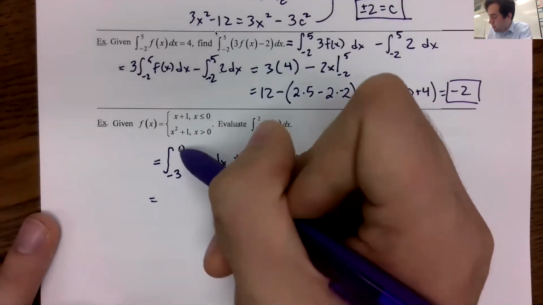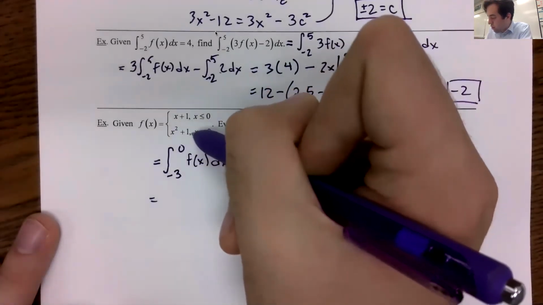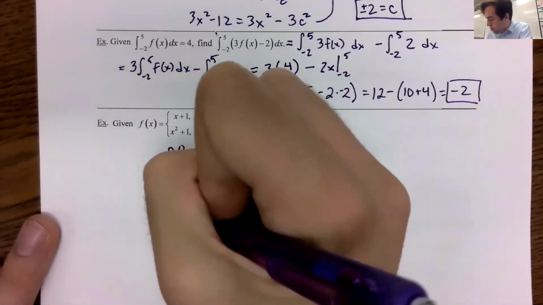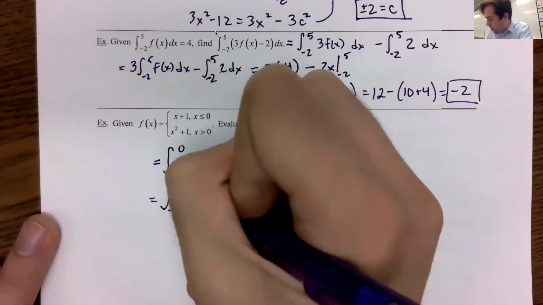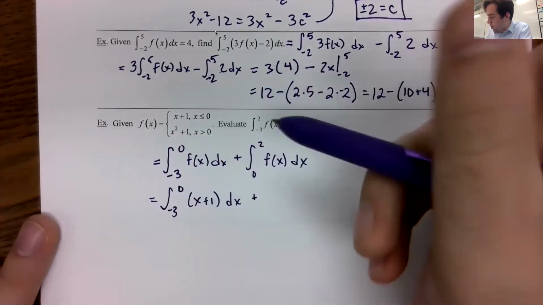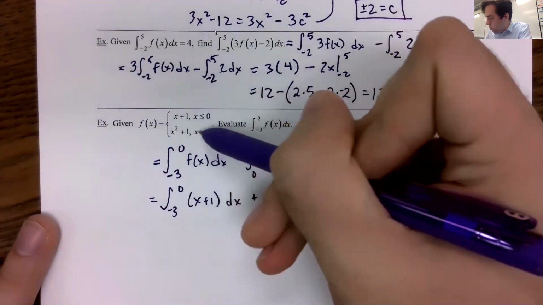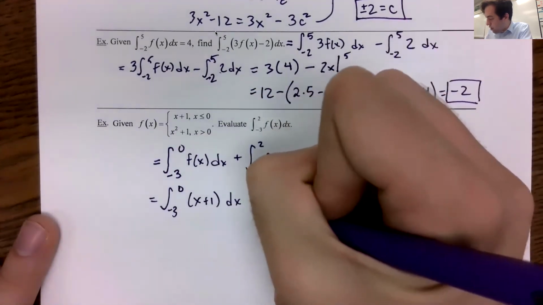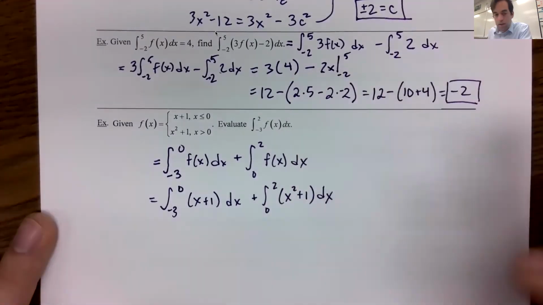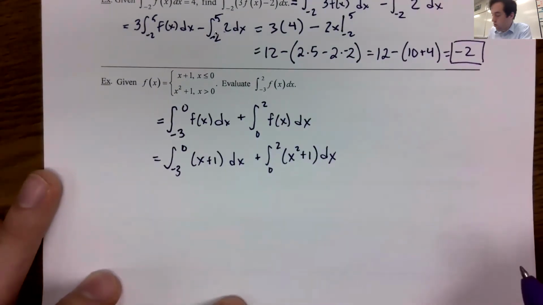Now from negative 3 to 0, this x squared plus 1 doesn't really matter, right? We only care about the x plus 1 for that part. So it's going to be negative 3 to 0, x plus 1 dx plus from 0 to 2, now we have the x squared plus 1. And so I'm going to integrate both chunks.